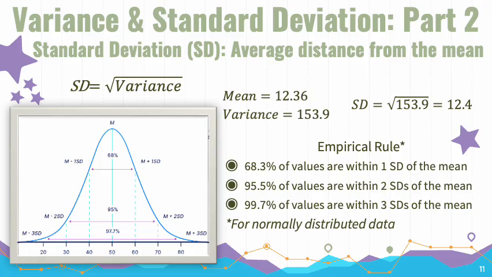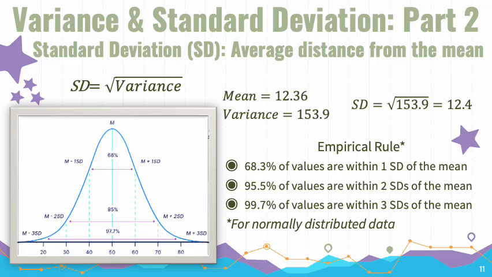And that's getting into inferential statistics, which we will discuss later on in the semester. But I just wanted to kind of get your minds thinking about the standard deviation and what the standard deviation is.